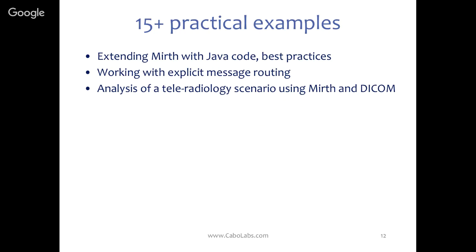Working with explicit message routing, that is important when you have several destinations and you need to send a message to one of those destinations based on some information that the message itself contains. So maybe you have a laboratory and you receive orders and you emit results.